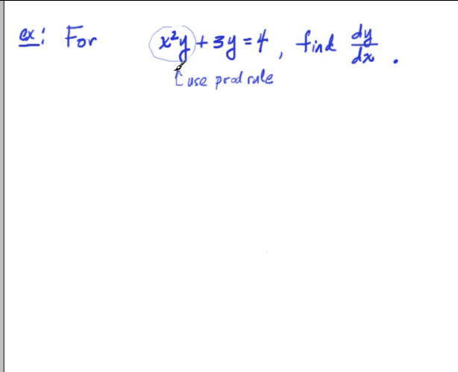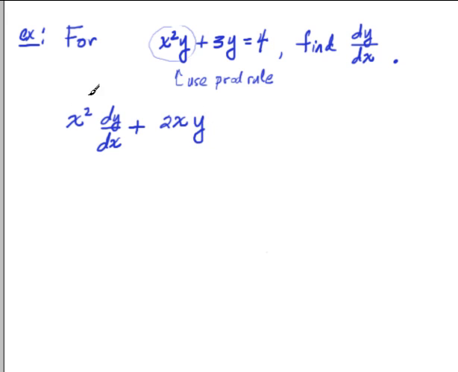So let's do that. So we have the product of x squared times y. Following the product rule, we have the first times the derivative of the second. So here's the first. The derivative of the second, well, that's dy/dx. Continuing on with the product rule, plus the derivative of the first, that would be 2x, times the second, that's times y.